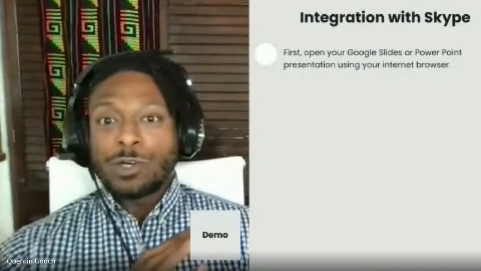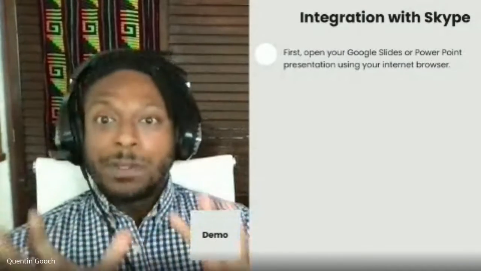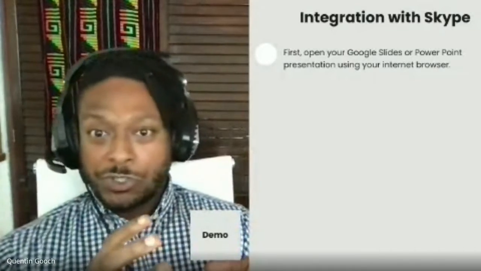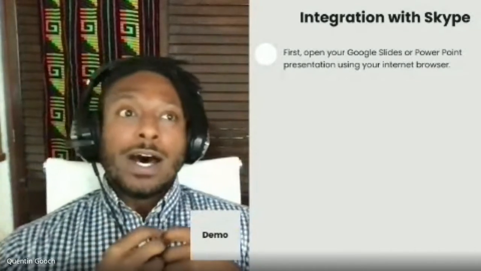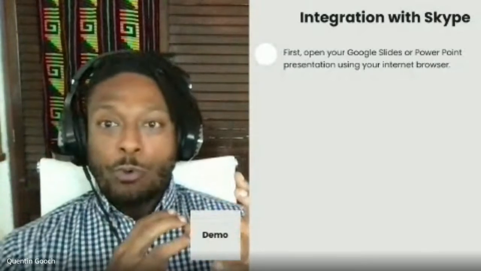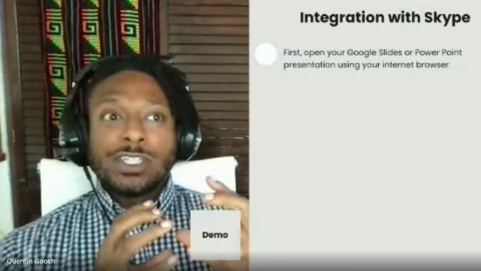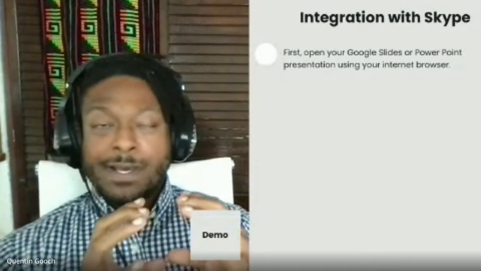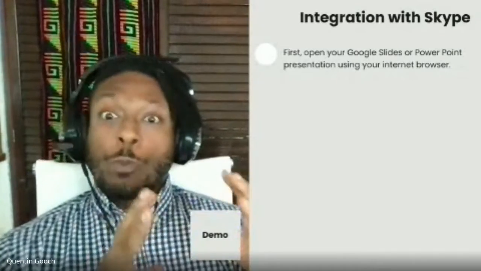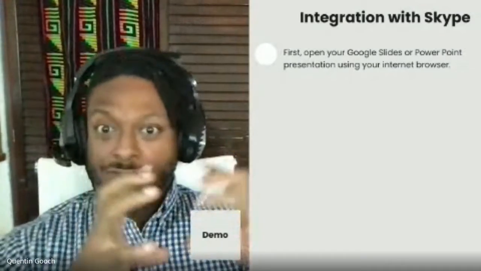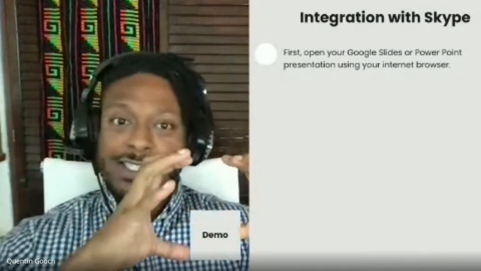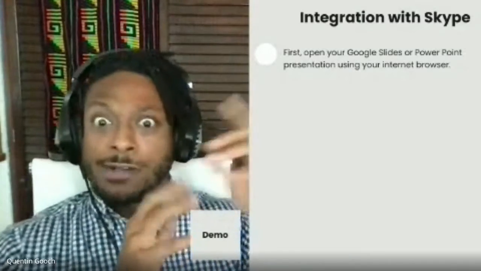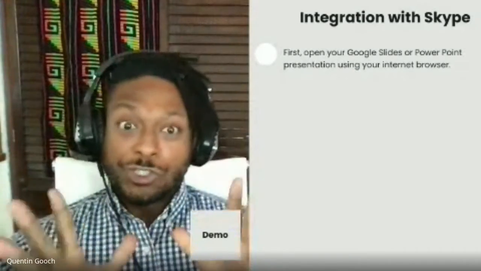So the first thing we're going to do is open up an internet browser and either open up the link to your Google Slide, or if you have a PowerPoint presentation, that could also just be saved on your desktop, and you'll want to just open your presentation on your desktop. But with Slides, definitely you're going to open it in a browser. And so you'll do that first.